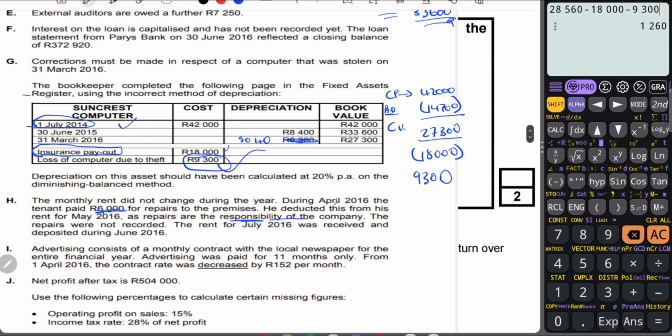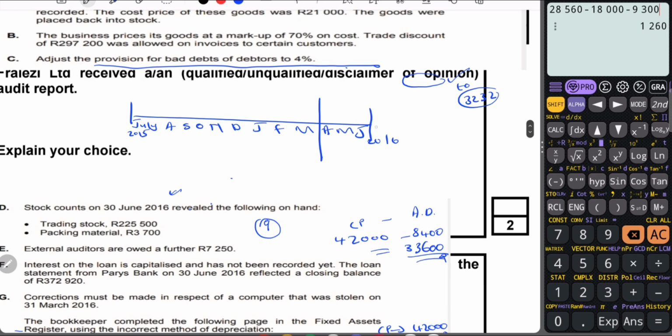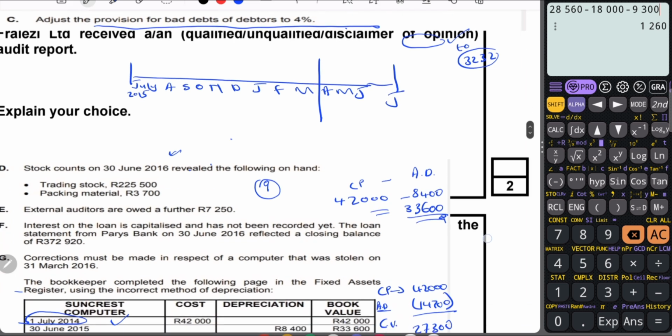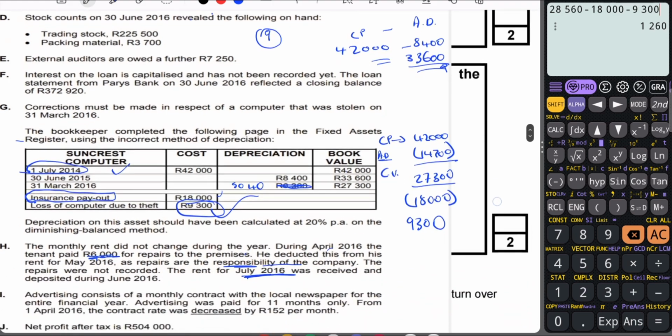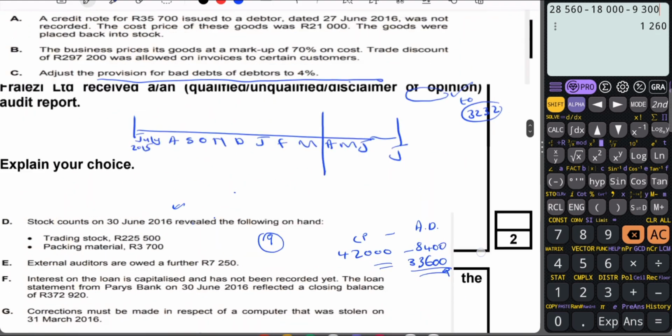And then remember, the rent for July was received. Then here I'm going to add July, because the rent for July was received. All right. Now, how much rent are we given from the trial balance?